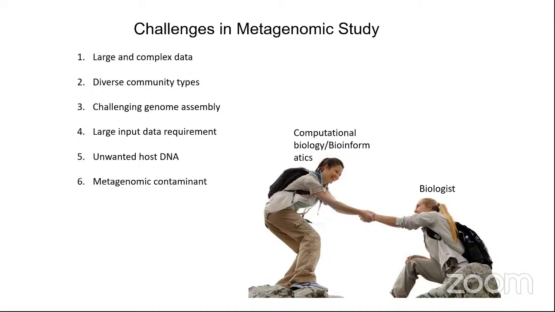For example, it can be difficult to determine the genome from which the read has been derived. The second is the diverse community type. Most communities are so diverse that most genomes are not completely represented by reads.